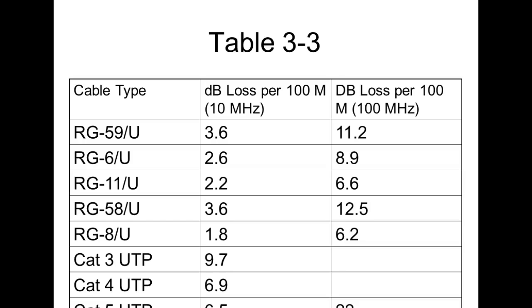If we ran it at a higher frequency, then it would actually have 11.2 dB loss, and we'll show you how to do that. 3 dB is pretty much the limit on most communications, so this would probably be unacceptable, but it would still work. And like I said, we have a whole lecture on dB.